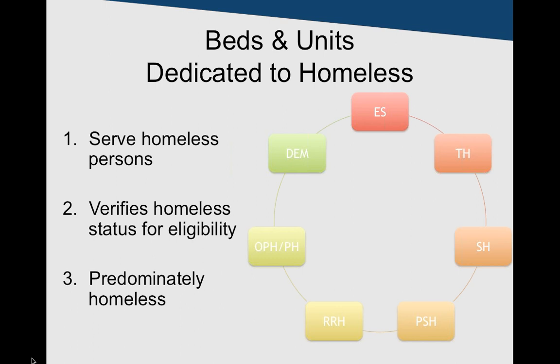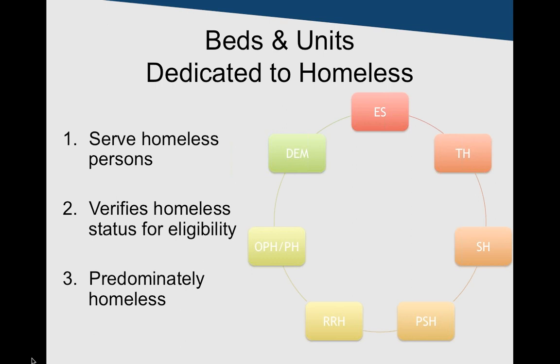So next we're going to talk a little bit about those beds and units. Beds and units that are included in the housing inventory count are considered part of the continuum of care's homeless assistance system.